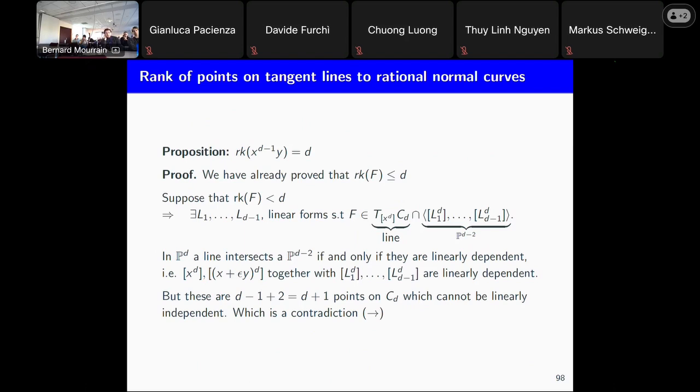The ambient space is a P^D. Okay, I have a line and I have a P^(D-2). So in P^D they intersect if and only if the points that span them are linearly dependent.